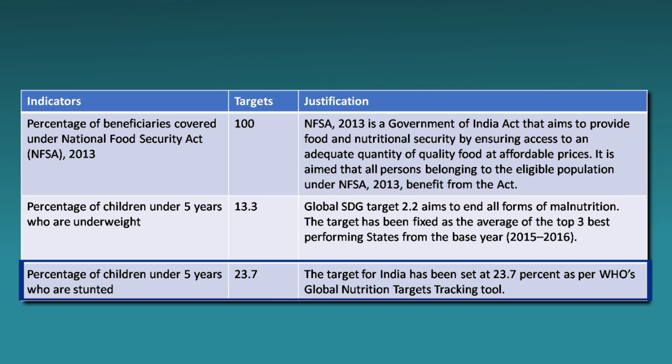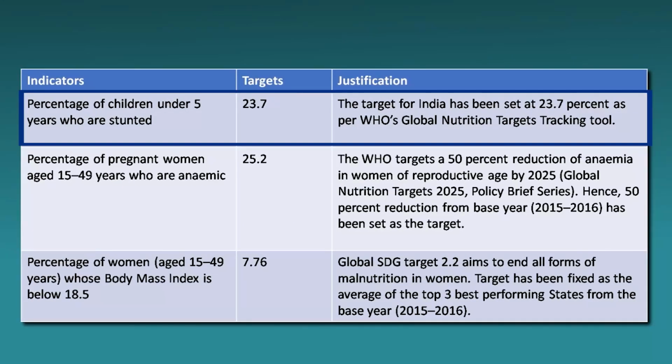So in the case of the percentage of children under 5 years who are stunted, we have given 23.7. It is set by the WHO global nutrition target tracking tool.